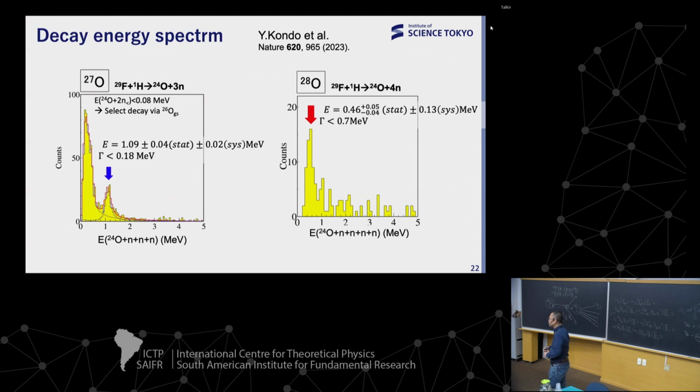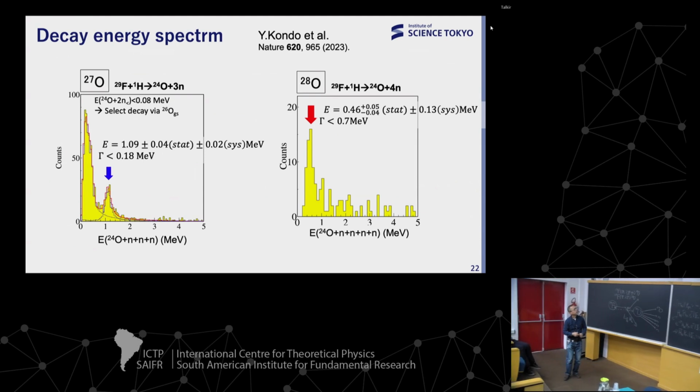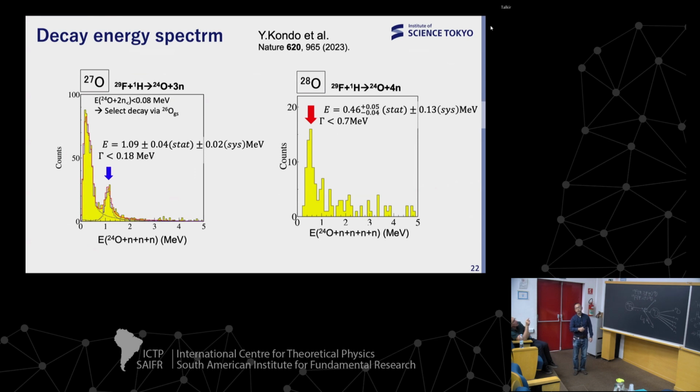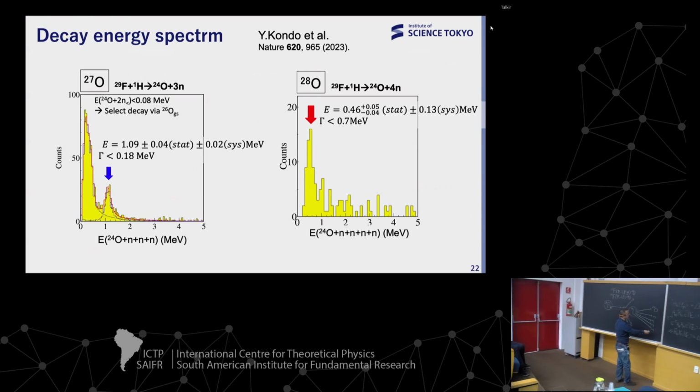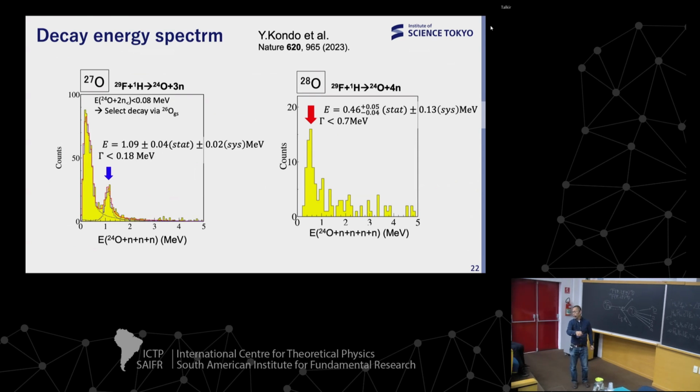I'm not understanding. You are looking at oxygen 24 plus 3 neutrons. How do you see oxygen 28? Right. So okay, if you can identify everything, we can plot here like this. But the efficiency for 4 neutrons is less than the 3 neutron efficiency.